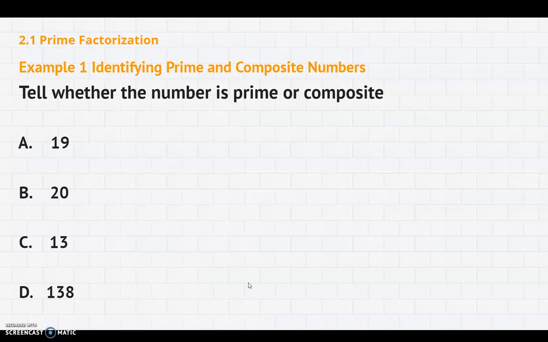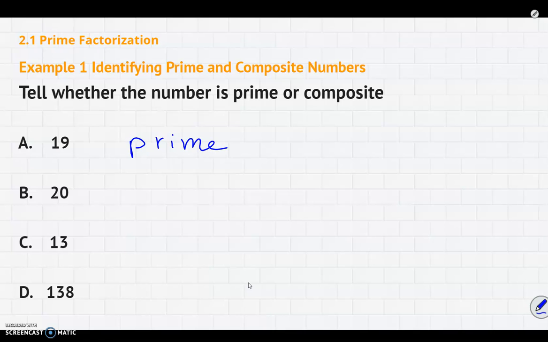Well, it's not because it's an odd number, okay? Then I would check, is it divisible by 3? And I would work my way through all of those divisibility rules to see if 19 is divisible by any of those numbers. Well, most of you would know that there are no 2 numbers that you can think of right now that multiply to be 19 except for 1 and 19. Therefore, it is a prime number.